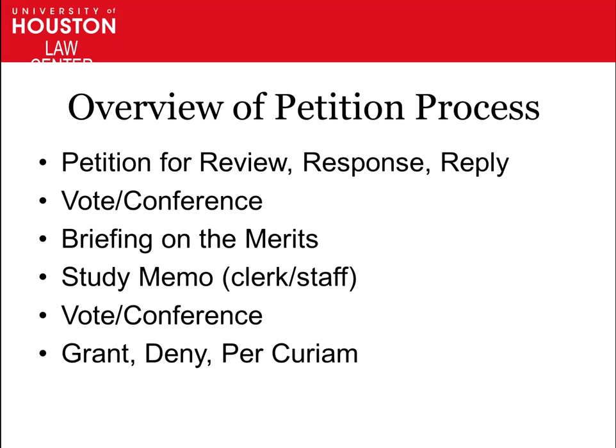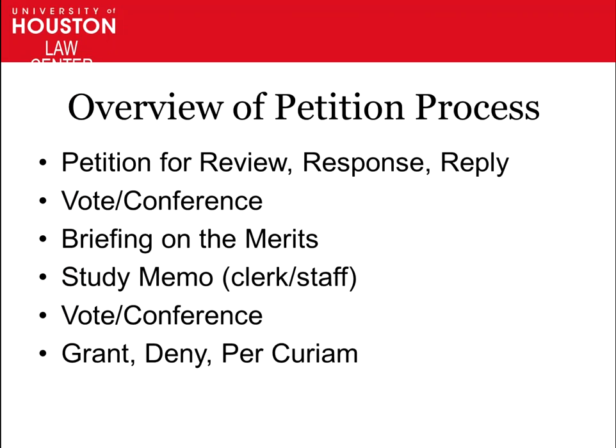And that, do I want to know more, comes in the form of requesting a brief on the merits and asking a law clerk to prepare a study memo that summarizes the briefs on the merits. Then they vote again independently, just to check, am I interested in this still? Do I still want to talk about this?